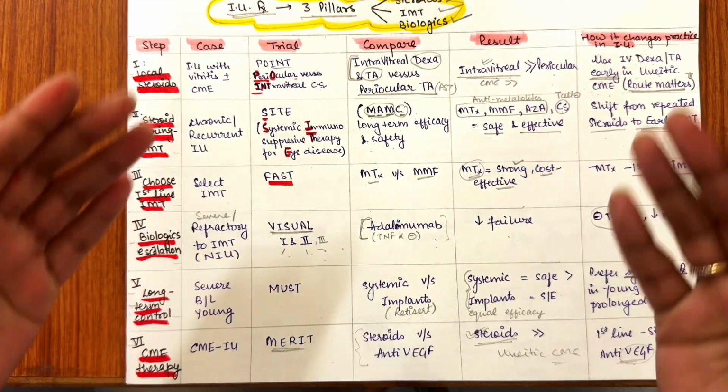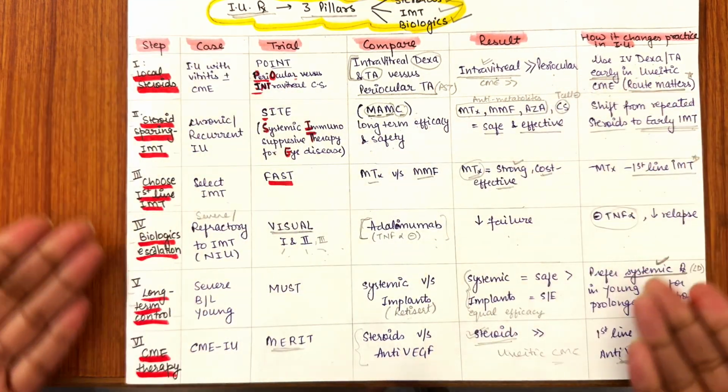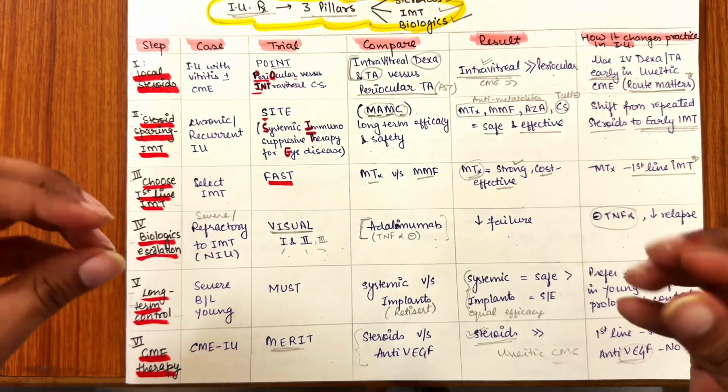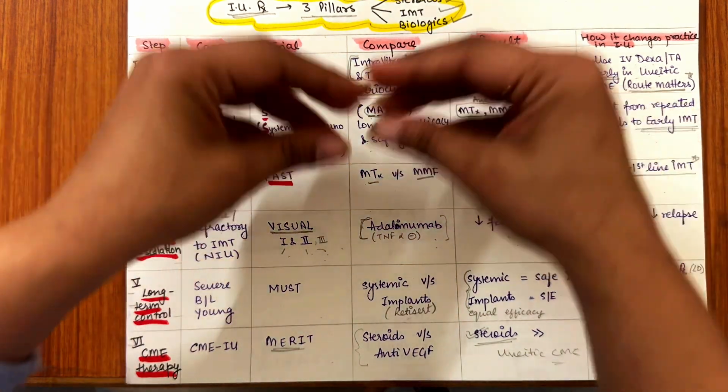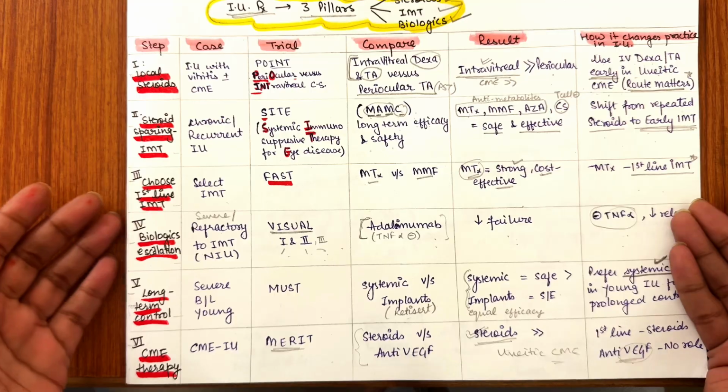So if you remember only these lines, you can answer most intermediate uveitis management questions in Viva, and this table you can make in your exams as well.